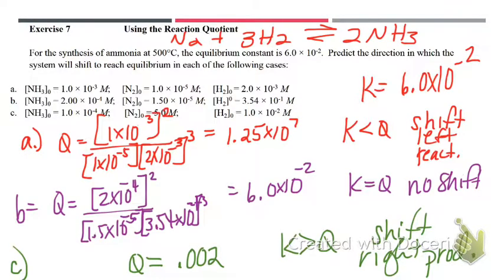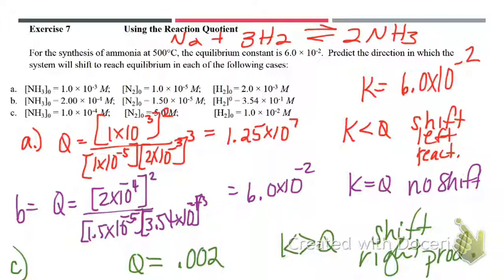Okay, here is what it should look like. First of all, you have to write the balanced equation correctly. If you didn't know what it was, like 2 problems ago, we wrote it down. So calculate Q. In the first case, Q is much bigger than K, so we shift to the left.